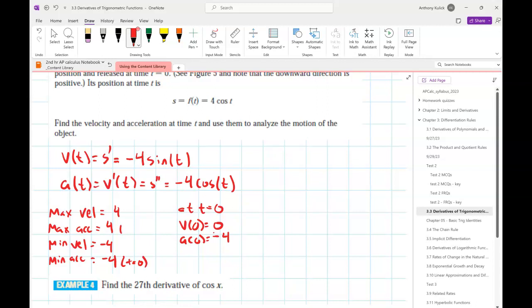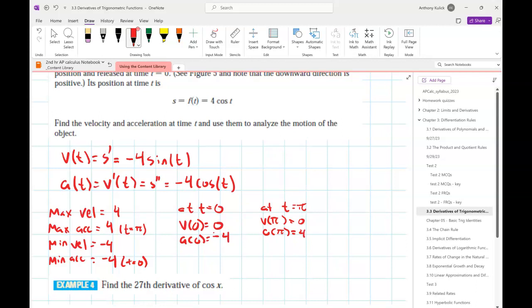When is acceleration going to be at its maximum then? Pi, right? Cosine of pi is -1. -1 times -4 is +4. At t equals pi, the velocity there again is 0, and the acceleration is 4.